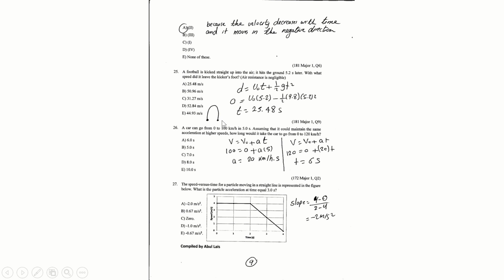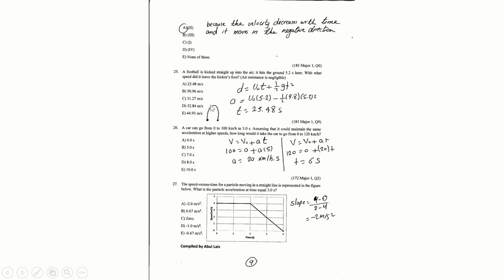Now you can also solve this problem by splitting it into two parts. You can take from the beginning to the highest point, and at the highest point the velocity is 0, right?